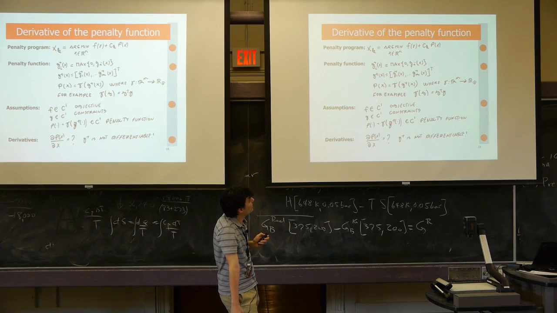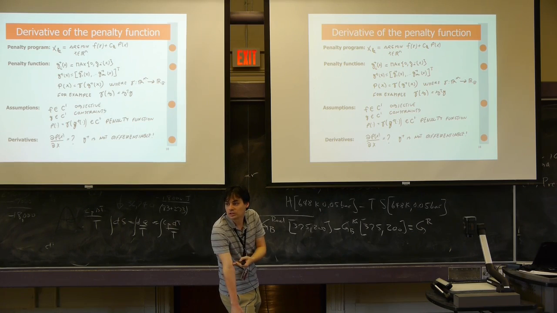The problem here is that p(x) was defined as a function gamma of the positive part of these functions g. So g_i plus of x was defined last time as the maximum of 0 and g_i(x). And we want to calculate the derivative of this with respect to x. That's a bit problematic, right?